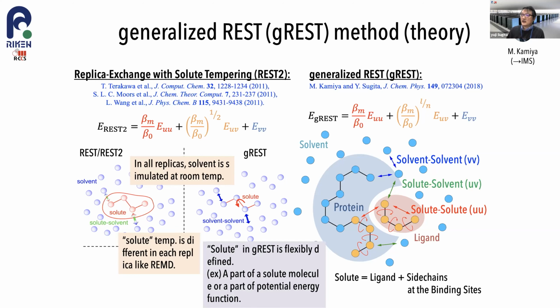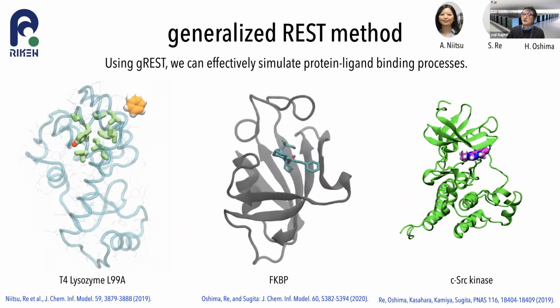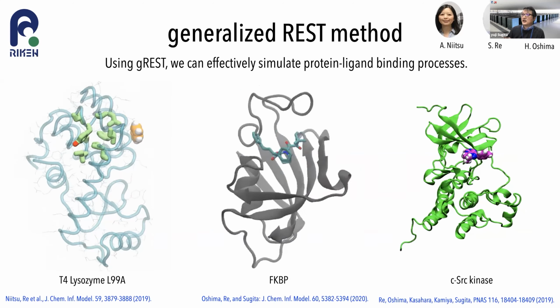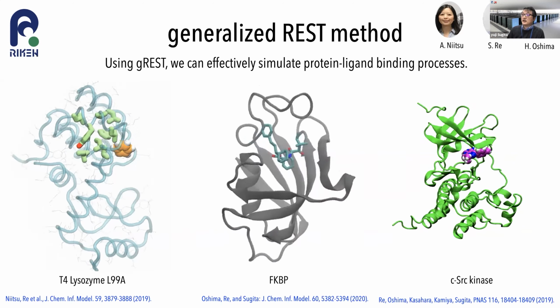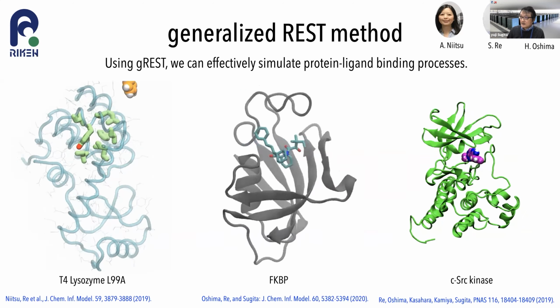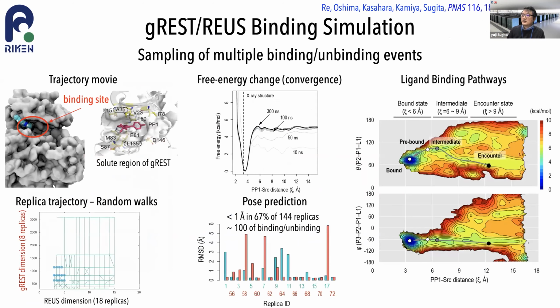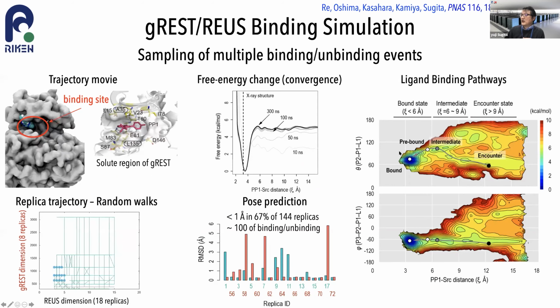That is REST2, or gREST. Using this kind of parallelization, we can perform protein-ligand binding or drug design simulation more effectively. This method is also available for 2D replica exchange, and you can find the bound states very efficiently.